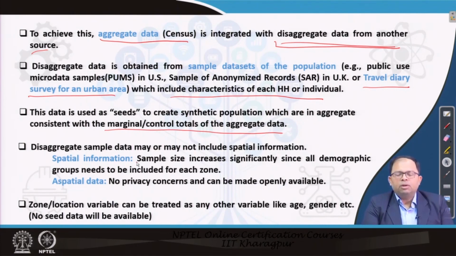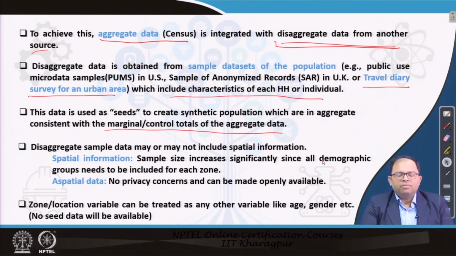The only challenge is that we need a large sample size, so that all demographic groups for each zone are represented, and we can use this sample as seed data for the zone and create the entire list of population for that zone using census information.